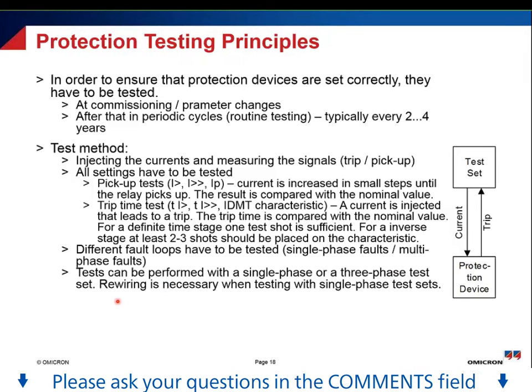Usually, it depends on what you have at hand. If you use a single-phase test set, then you need to rewire from a phase-to-ground fault to a phase-to-phase fault in order to get all different fault loops. If you have a 3-phase test set, then there is no need for rewiring during testing. Then you can test each fault loop as you like.